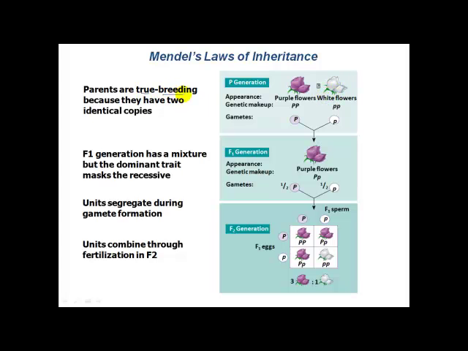Well, Mendel hypothesized that the reason they were true breeding is because the 2 versions of what he called their unit of inheritance were the same. So purple flowered plants were true breeding because they had 2 copies of this characteristic for purple flowers, and the 2 copies that they had were identical to one another, and so that was all they could pass on to their progeny, right? The characteristic of being purple flowered.